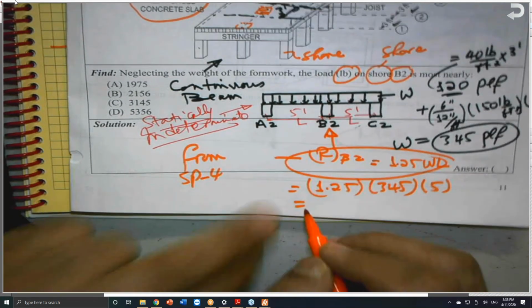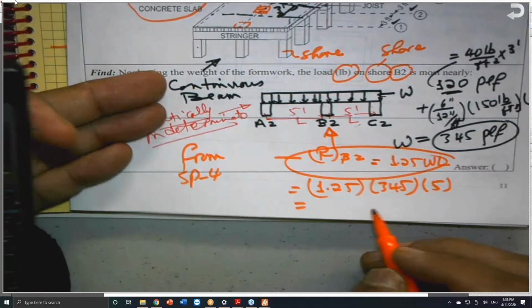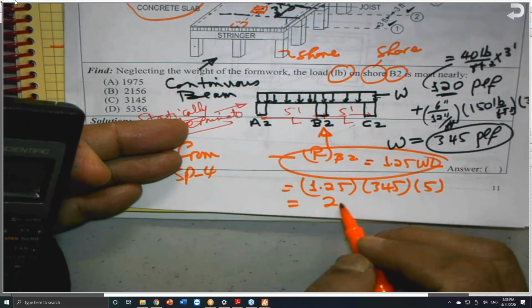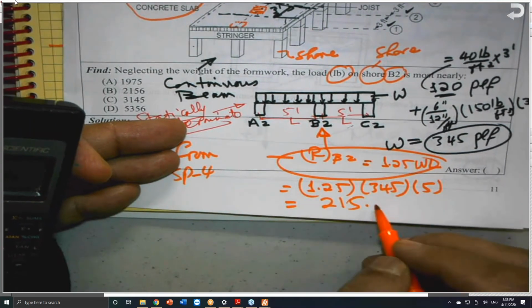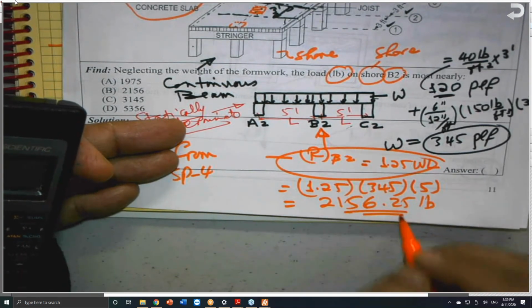So in this case, let us see if we are getting an answer to match this or not. 1.25 enter, 345 times 5 times, I get 2156.25 pounds.